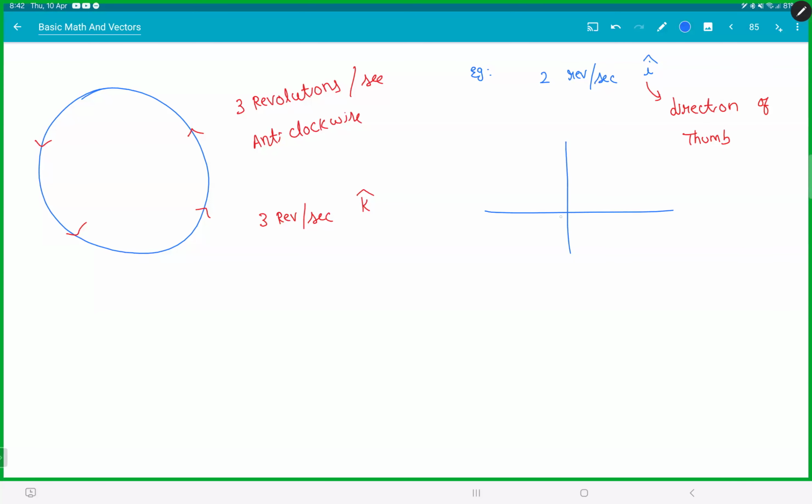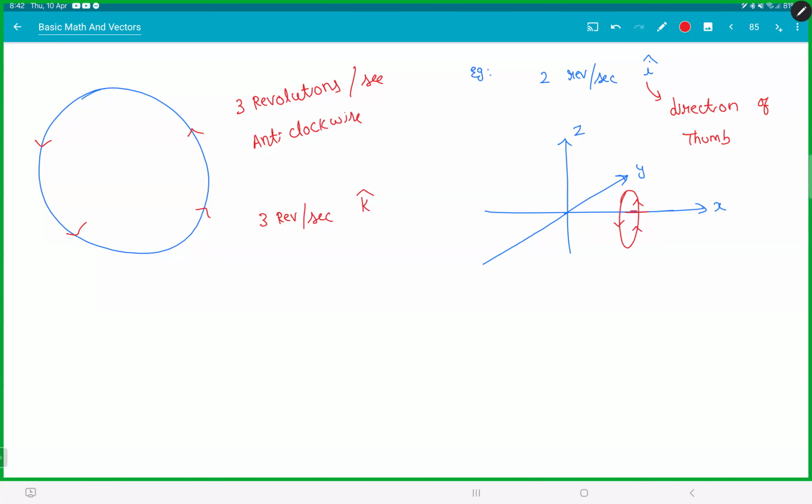So if this is x, this is y, and this is z, put your thumb along the x-axis. Again, if you look into the screen, if this is the x-axis, put your thumb along the x-axis and then make your fist. So this guy will be going in a circle like this. You're getting how it is going?